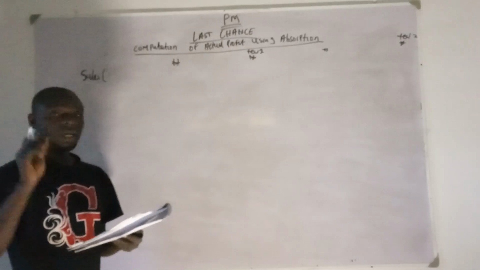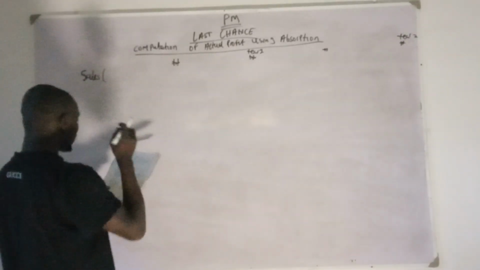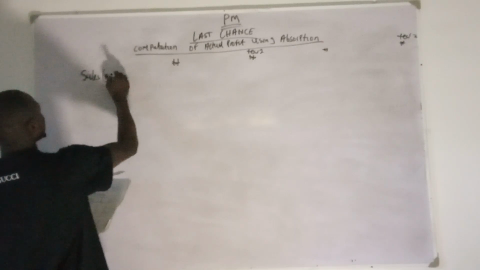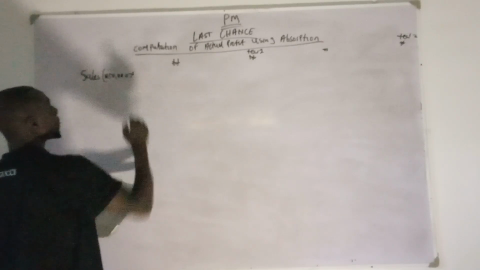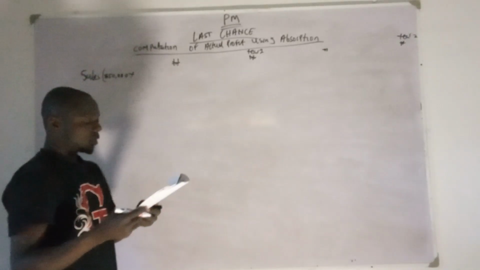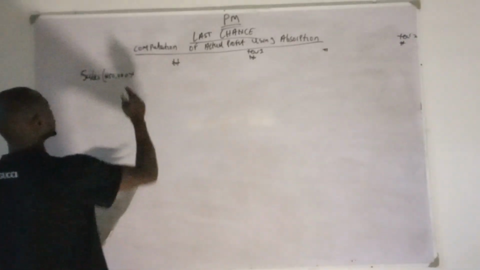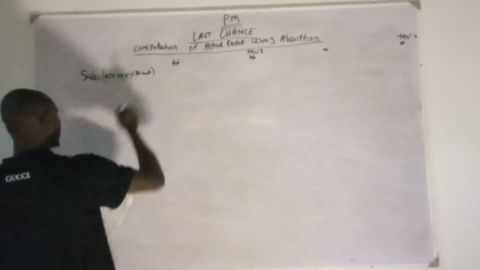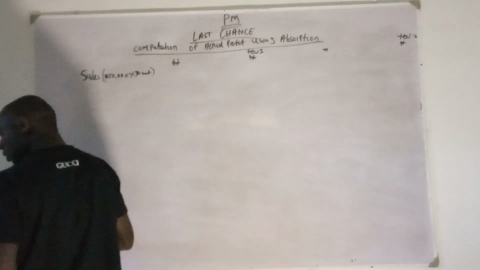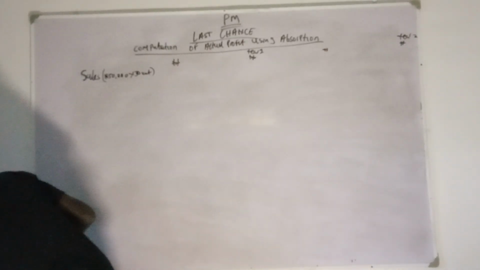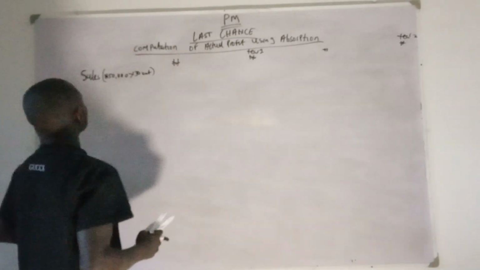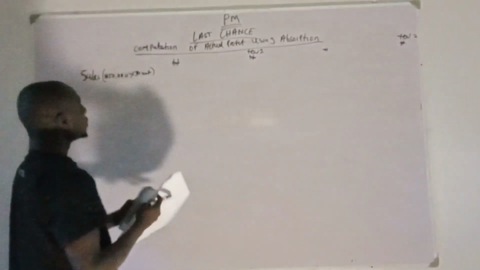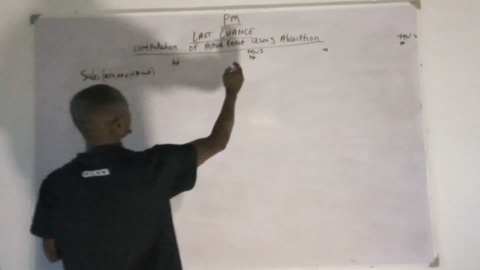The selling price is 50,000 times the production, which is 30 units for year one. So we can have this times this. So this is 1.5 million.